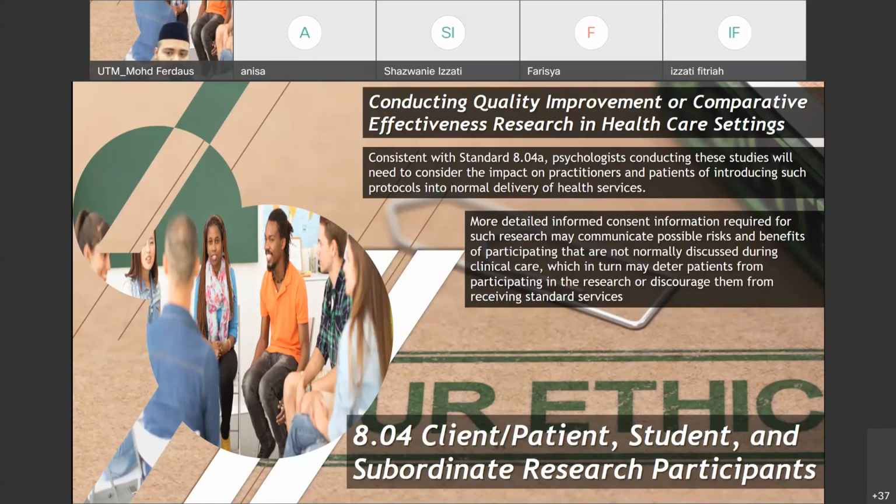So more detailed informed consent information is required for such research. Such research may communicate possible risks and benefits of participating that are not normally discussed during clinical care, which in turn may deter patients from participating in the research or discourage them from receiving standard services.